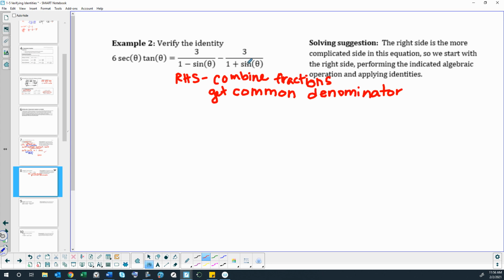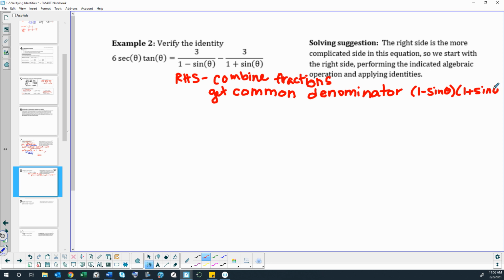Okay, so what would the common denominator be for 1 minus sine theta and 1 plus sine theta? Honestly, it would be both of them multiplied together: 1 minus sine theta times 1 plus sine theta.